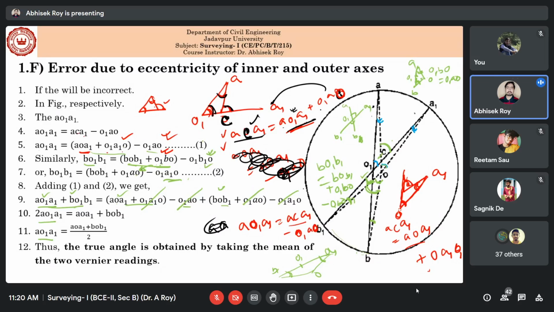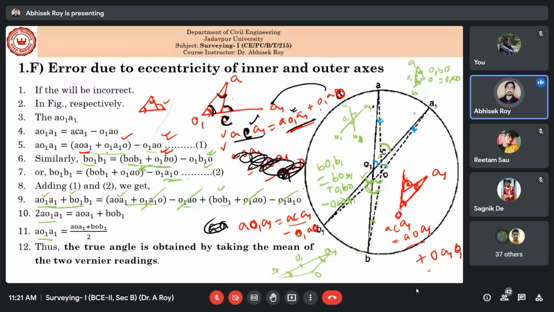About the derivation, it may be hard to follow when I am telling you BOB1 like this, because there are so many suffixes. But once you go through this and practice it once in your exercise book, even by seeing the PPT slide, you will see this is very easy.